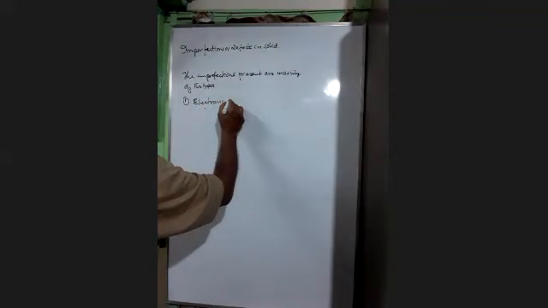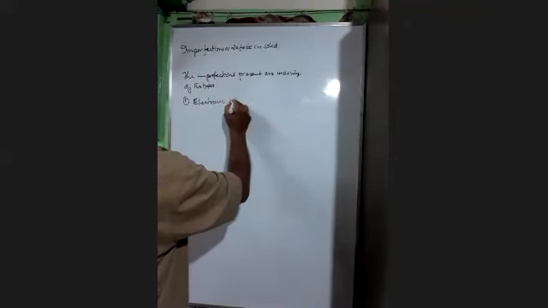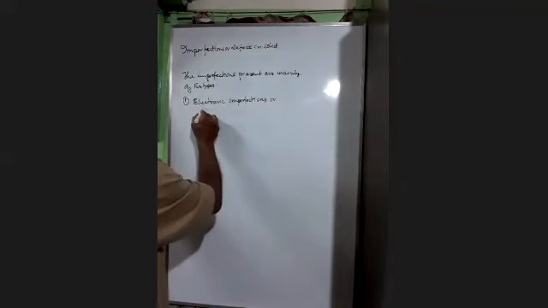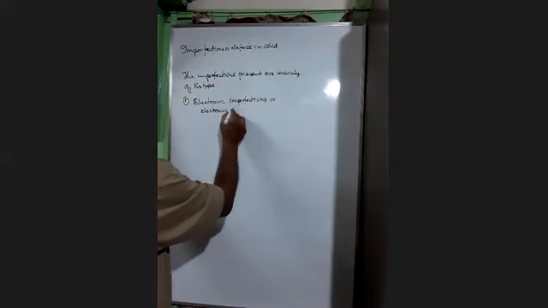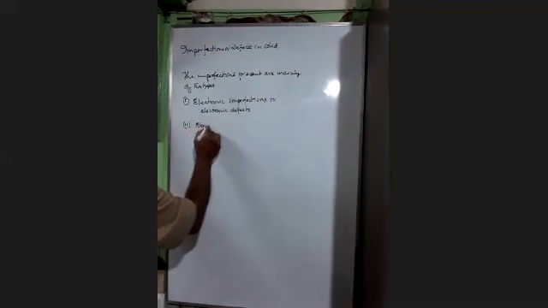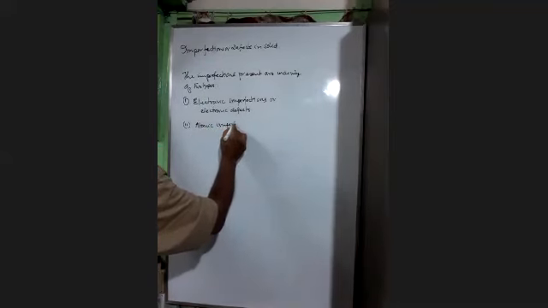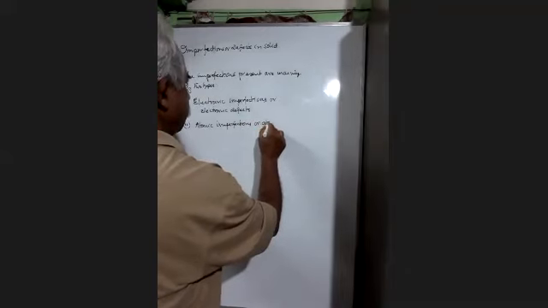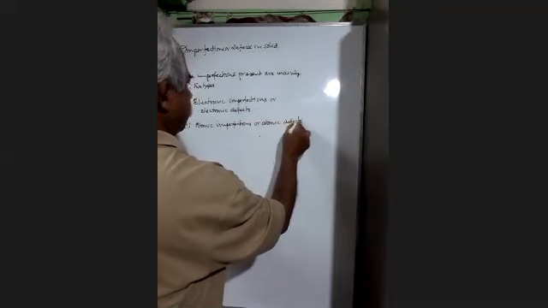The first is electronic imperfections, or you also call it electronic defects, and the second one we call atomic imperfections or atomic defects.